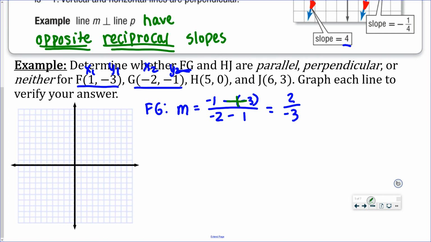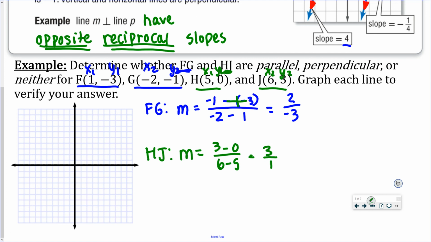That fraction can't be reduced, so just leave it. So there's FG. Now HJ contains these 2 points. Let's calculate that slope. So we got x1 and y1, x2 and y2, 3 minus 0 over 6 minus 5. All right, so you get 3 over 1, which you can leave like that, or that's just 3.